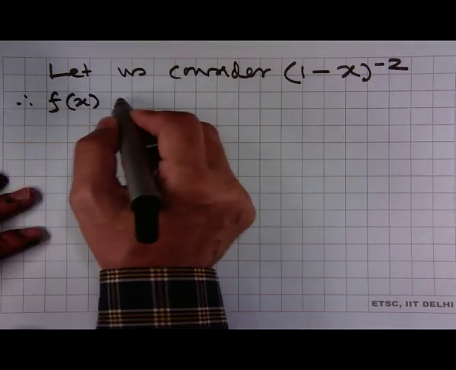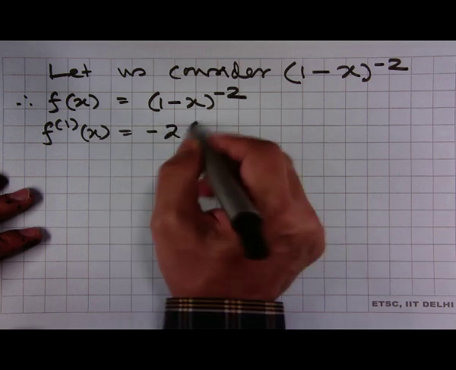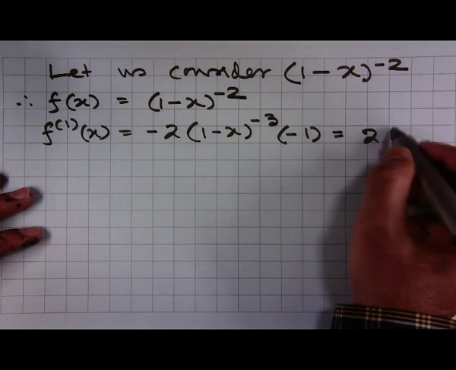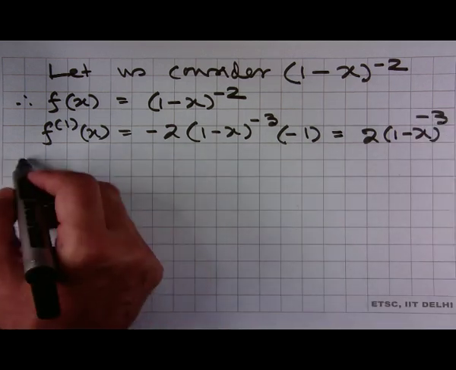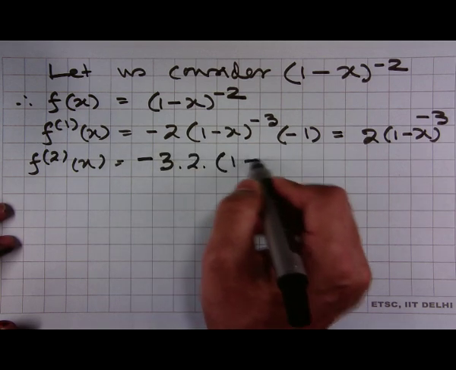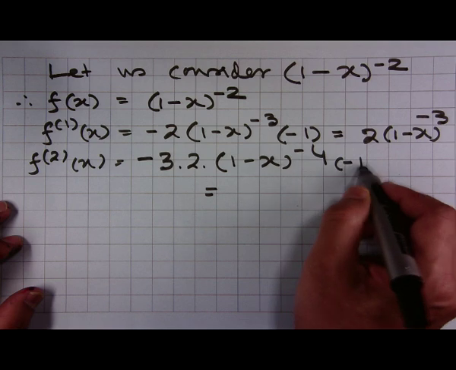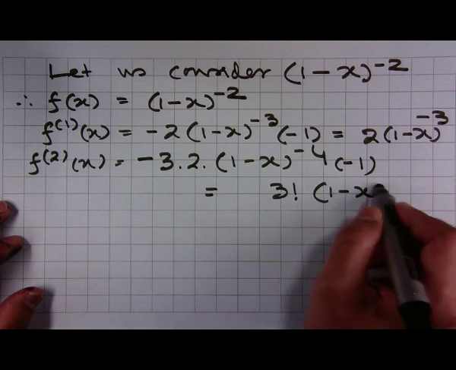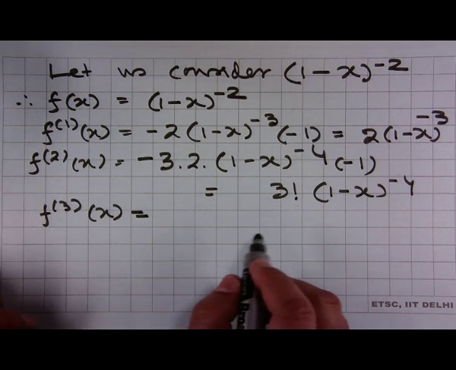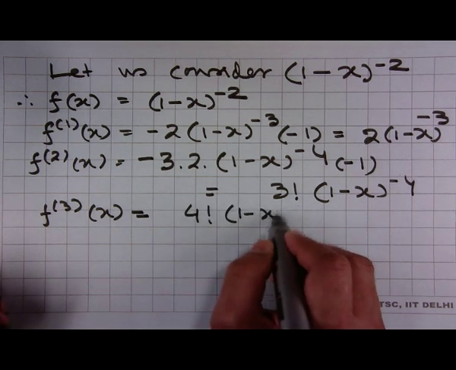Therefore, f(x) is equal to (1 − x)^−2. The first derivative of f(x) is equal to −2(1 − x)^−3 · (−1), which is equal to 2(1 − x)^−3. The second derivative of f(x) is equal to −3·2·1 · (1 − x)^−4, which is equal to factorial 3 into (1 − x)^−4. The third derivative of f(x), in a similar way, is factorial 4 into (1 − x) to the power −5.